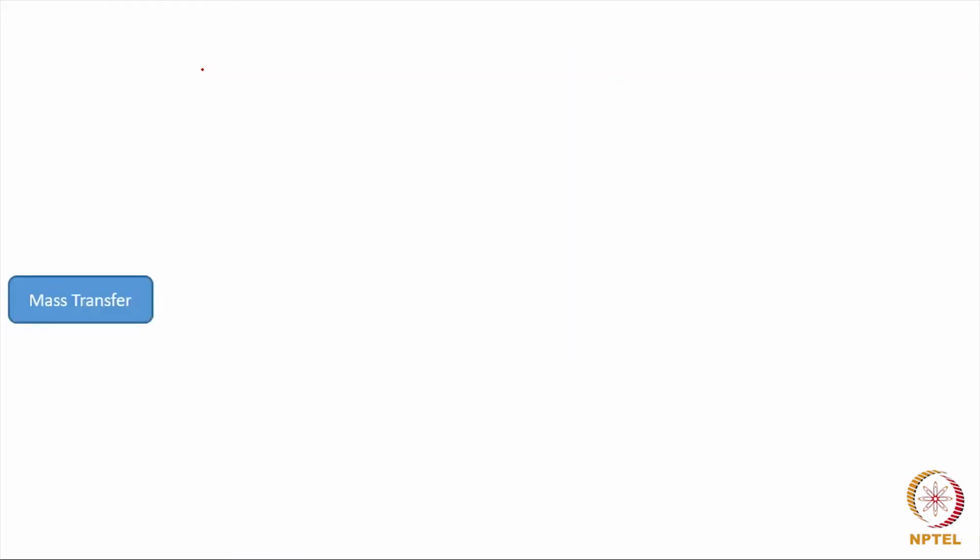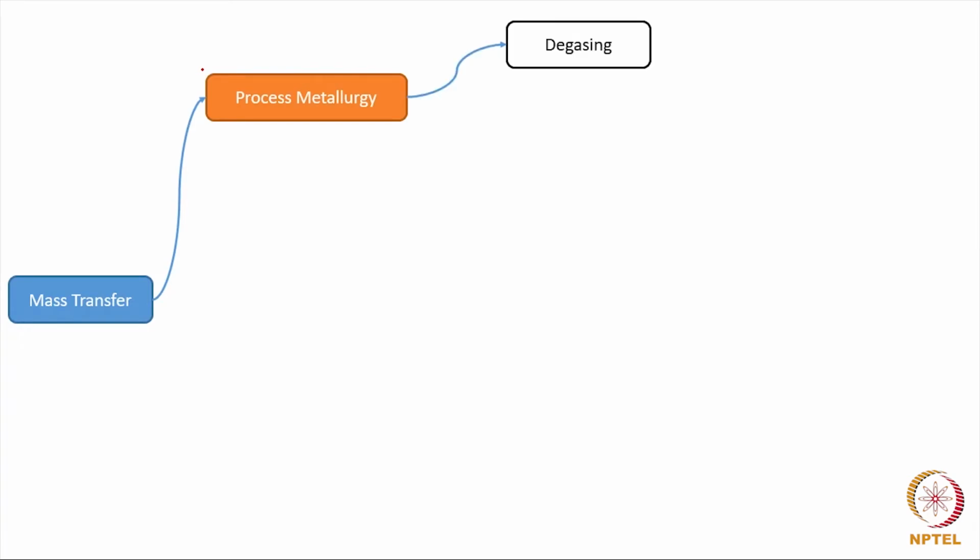So as we now look at, the subjects are as follows. In mass transfer, we will have examples coming from process metallurgy, where we have problems like degassing and reactions that are taking place. So we do have problems involving mass transfer in process metallurgy using these kinds of scenarios.